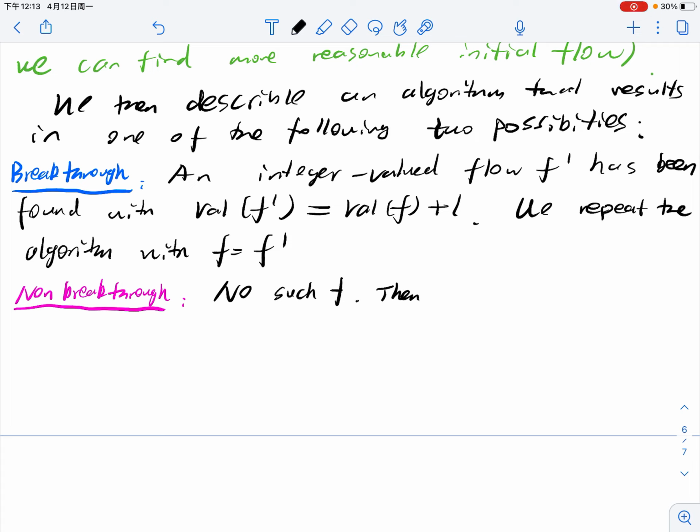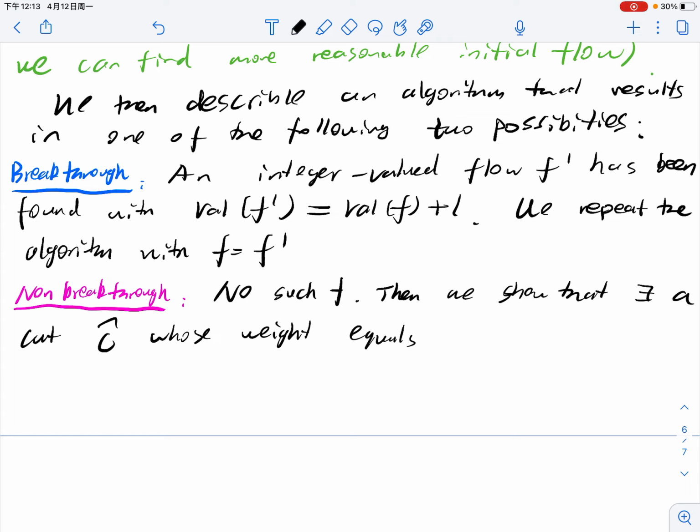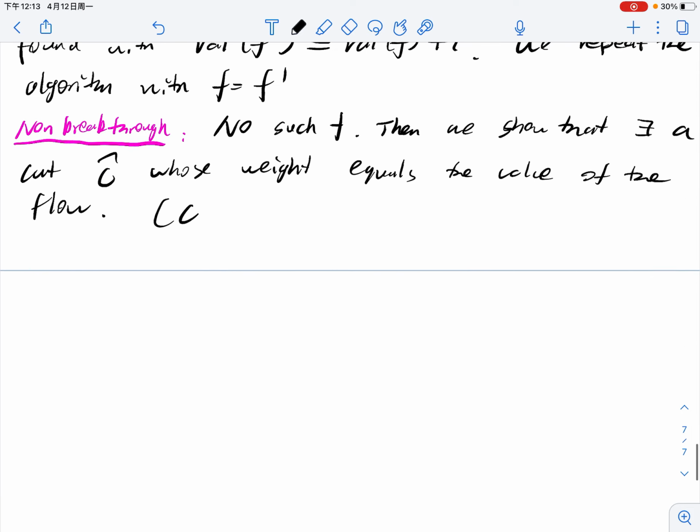Then we show that there exists a cut C hat whose weight equals the value of the flow. And then C hat and f hat are our desired object.